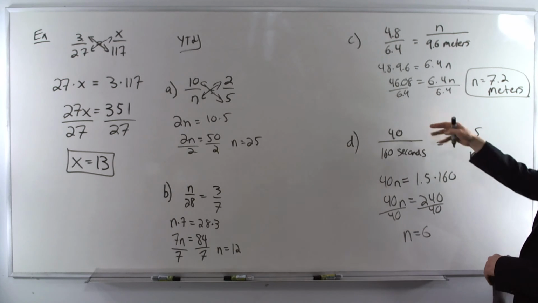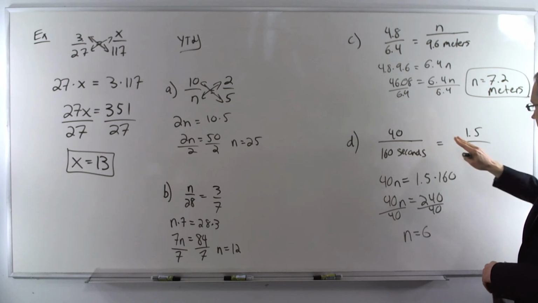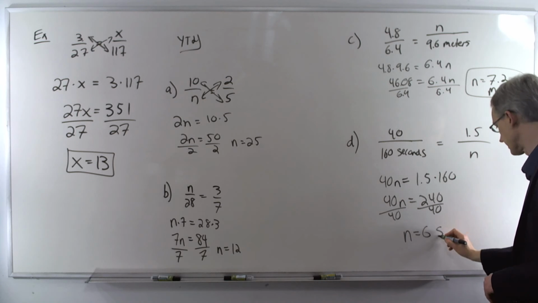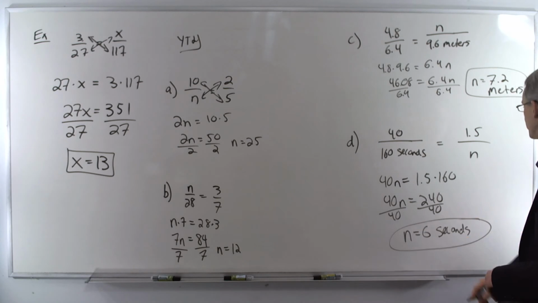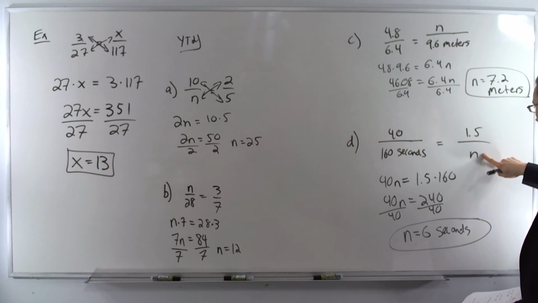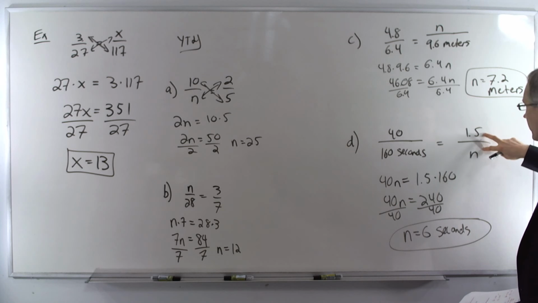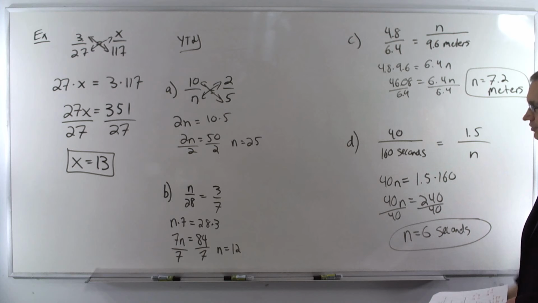Got to be consistent here. We got no units on top, no units on top. Units down here is seconds, so the units over here is seconds, so 6 seconds. All right, let's see here. 1.5 divided by 6 is 1/4, so that's 0.25 for this fraction. 40 divided by 160 is 0.25, so that checks.